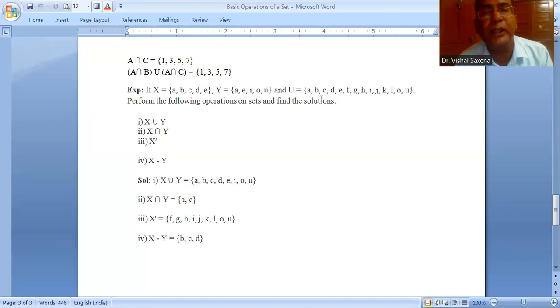Excluding A, B, C, D, E from U, we get F, G, H, I, J, K, L, O, U. So this is the set X dash, and then X minus Y. In the same way, we can subtract the set Y from X, and this is called X minus Y. This is the difference of the two sets X and Y, and it comes out as B, C, D. This is an example of operations on two sets.